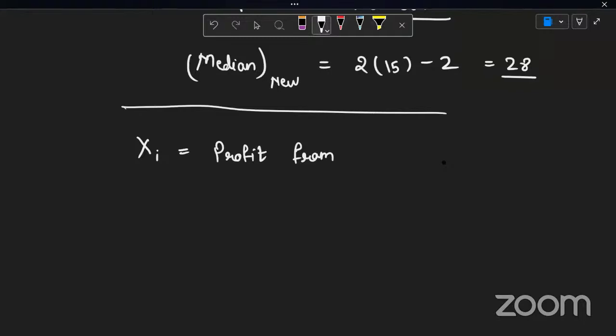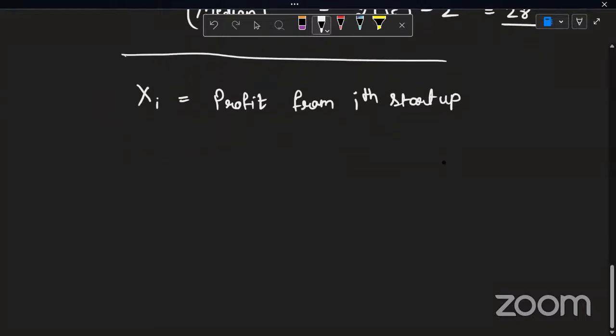And they have given something. X1 will denote the profit for the first startup, right? How much profit is given there? It was 20 lakhs, right?